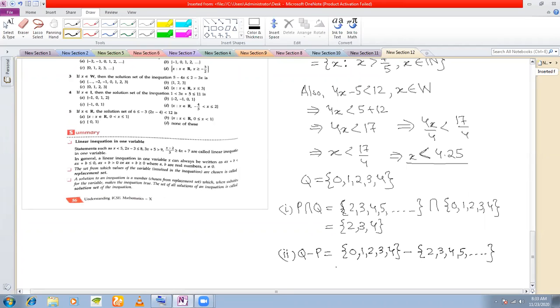Now see, 2 is there in P, so I'll remove it from Q. 3 is there in P, so I'll remove this from Q. 4 is there, so I'll remove this also. So what am I left with? Clear? That is Q minus P.